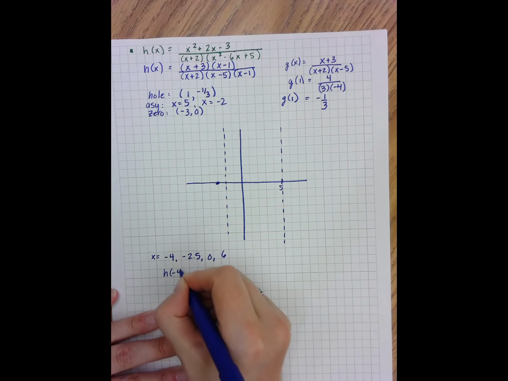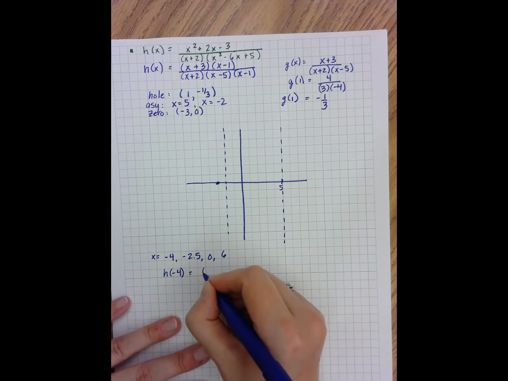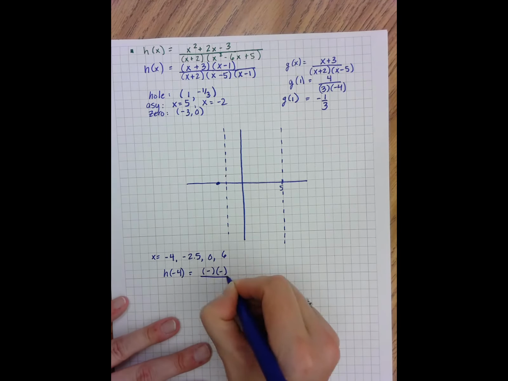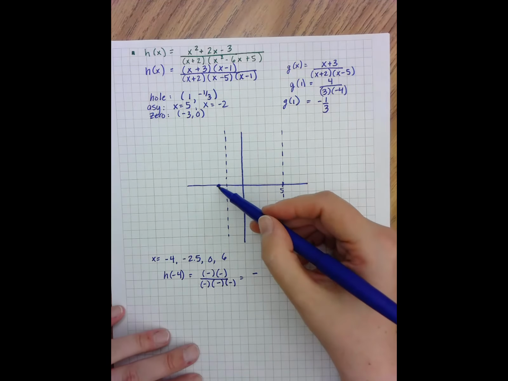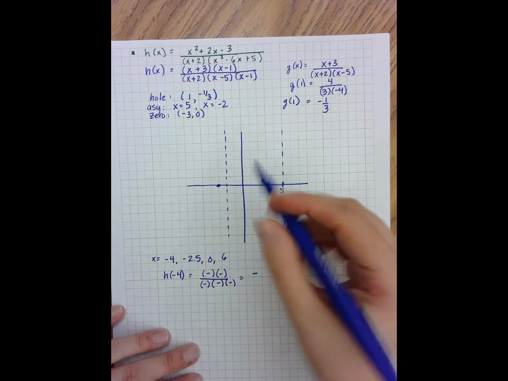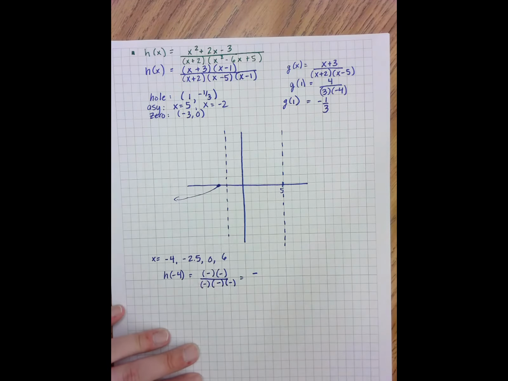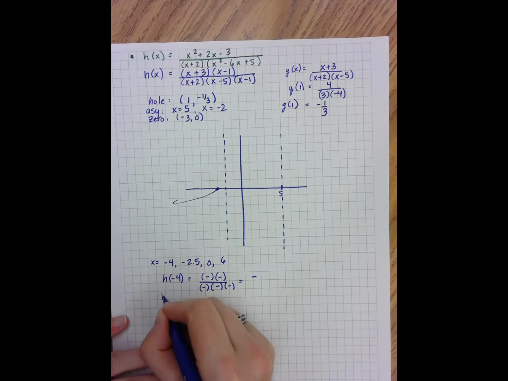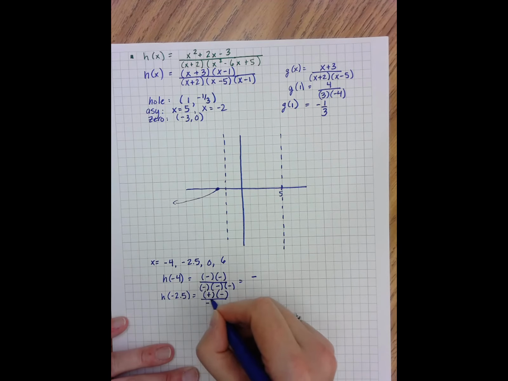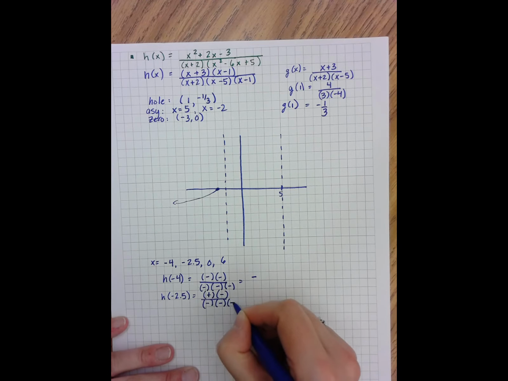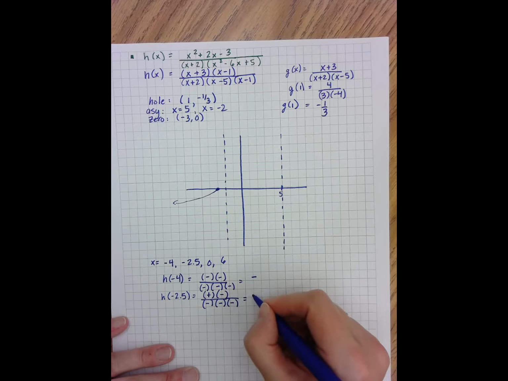So h of -4, and again, I'm only going to pay attention to the signs, is negative, negative, over negative, negative, negative, which is negative, which means over in this direction, I'm underneath my x-axis. H of -2.5 is going to give me positive, negative, negative, negative, negative, which is going to give me positive.